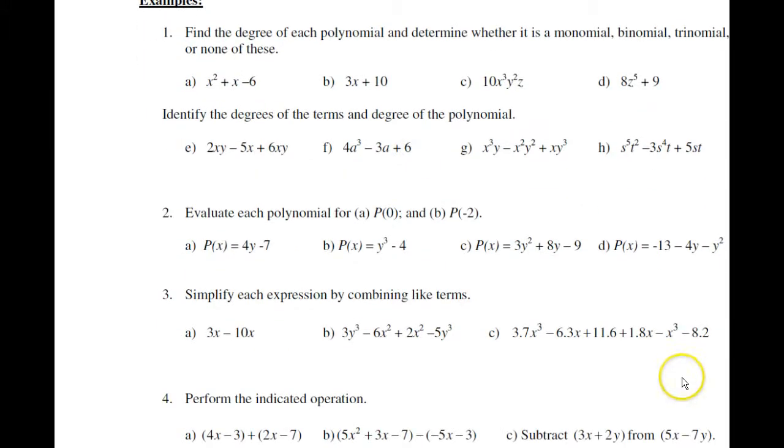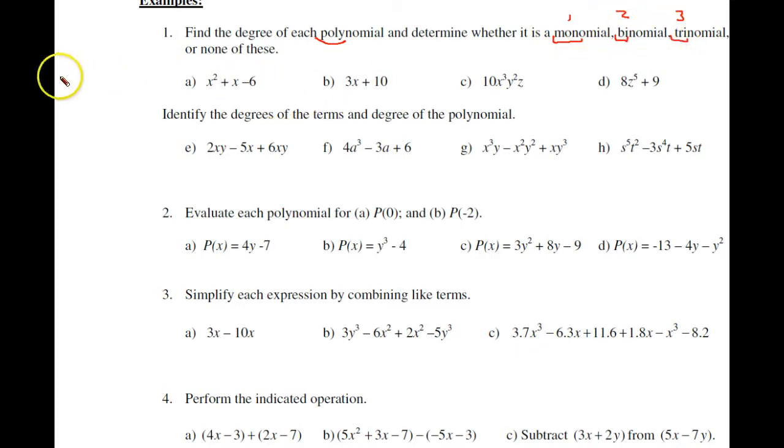Well, first to take a look at these terms here. Something is a monomial if it's one term, a binomial if it's two terms, a trinomial if it's three terms, and then all of the others are polynomials.